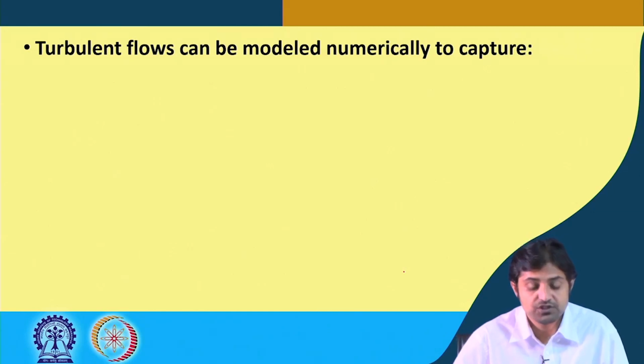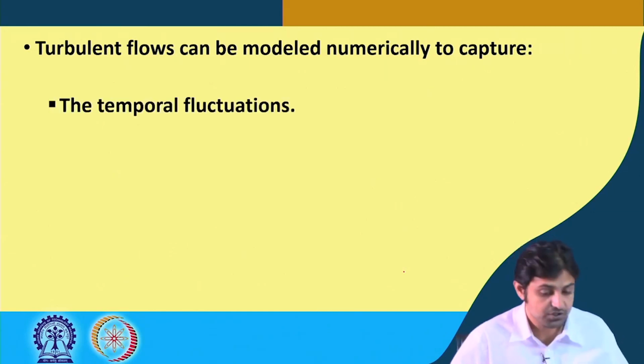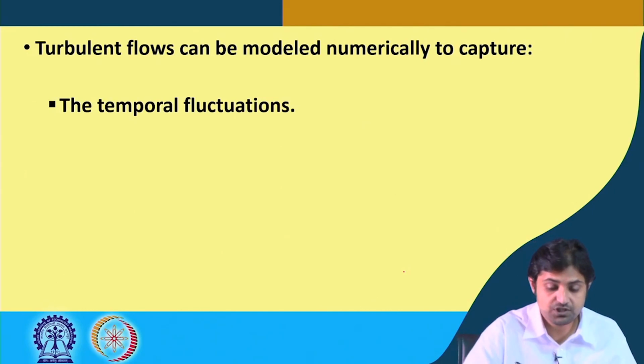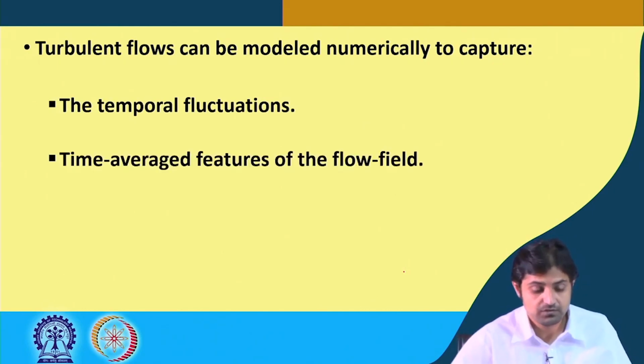So turbulent flows can be modeled numerically to capture the temporal fluctuations, the time average features of the flow field. So the real velocity, the fluctuations mean the deviation from the average velocity, and the time average features of the flow field.